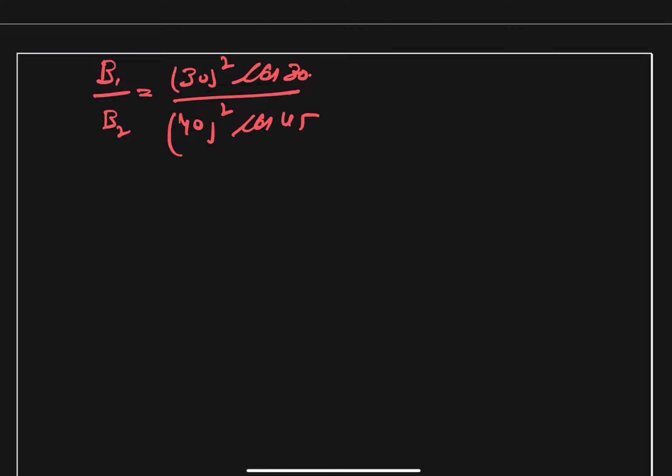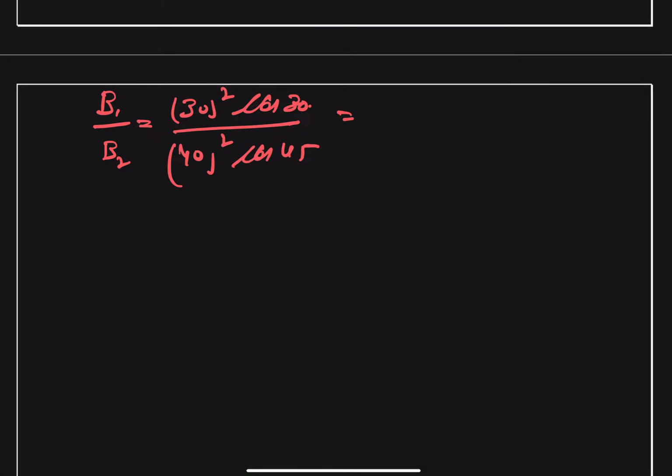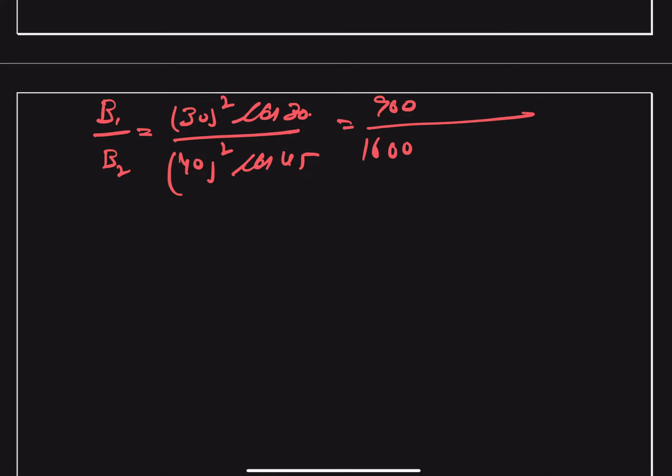So we substitute it, we get our B1 by B2 is equal to, this is our F1 square and cos of 30, and we have F2 square and we have cos of 45. So this comes as 900 divided by 16, and we get this as square root of 3 by 2, and here we have 45, and this is our 1 upon 2.